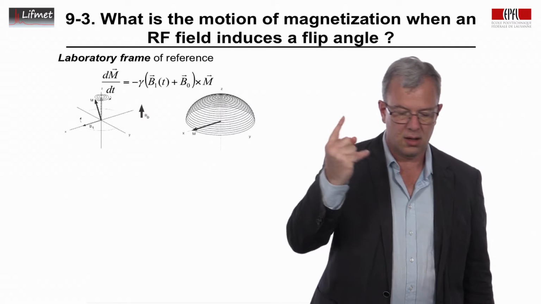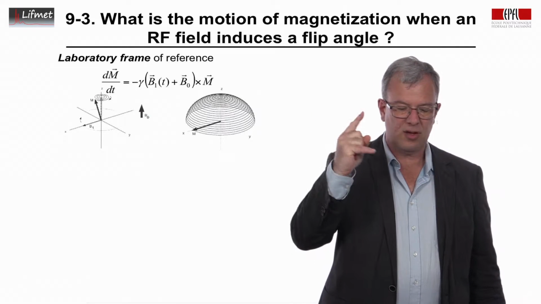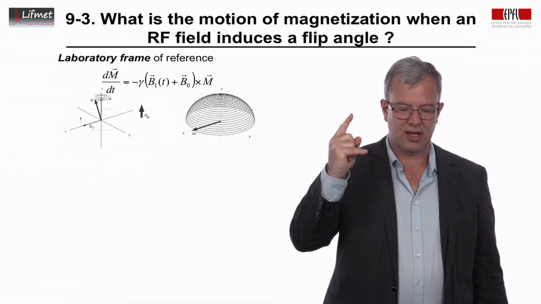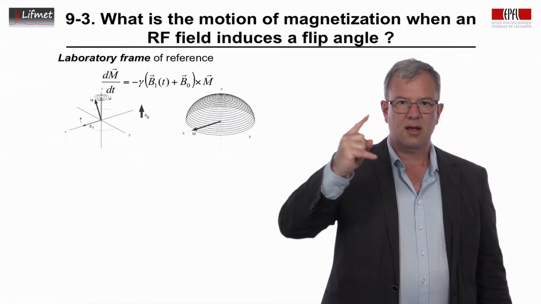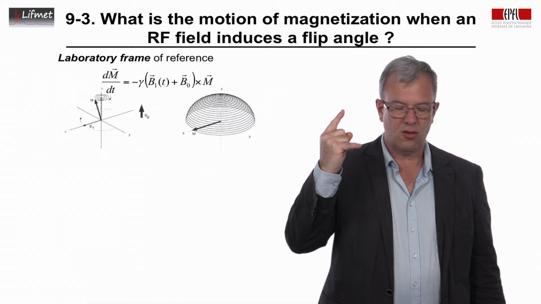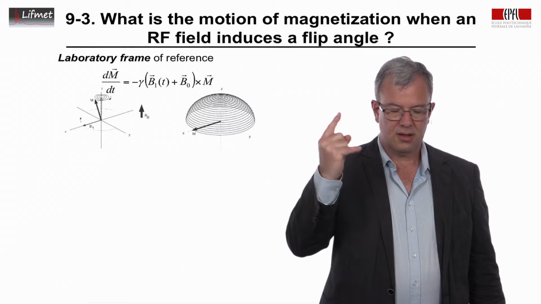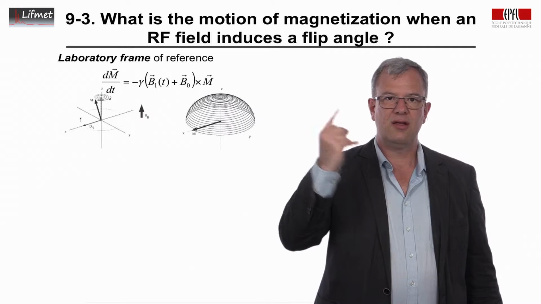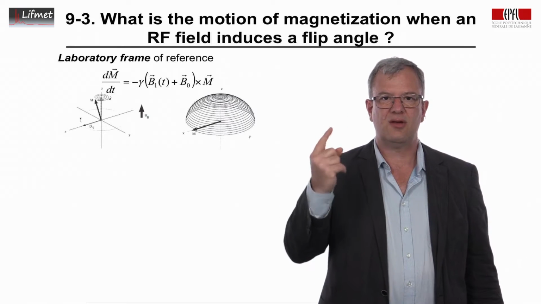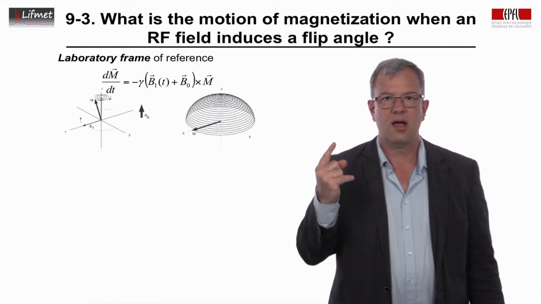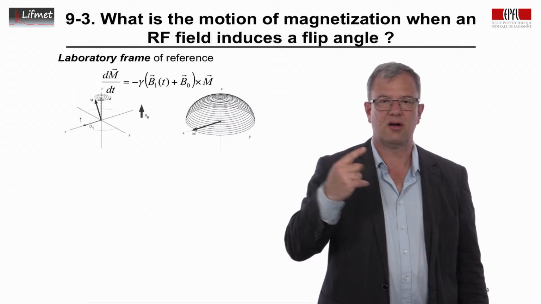So now what happens in the motion is, as we apply the B1, it rotates with omega RF. As the B1 is in the transverse plane and it rotates, the magnetization will start to deviate from being along Z. The minute it starts to deviate from being along Z, it will start to precess.